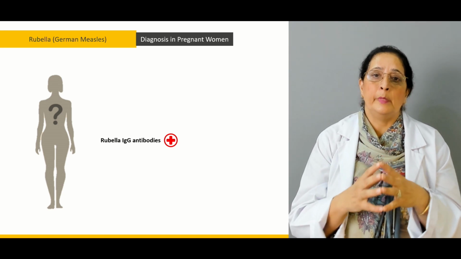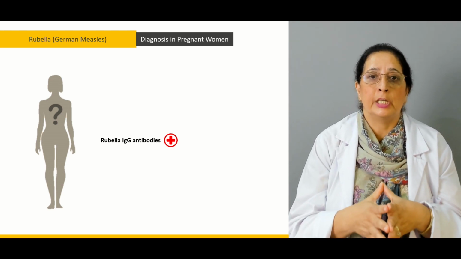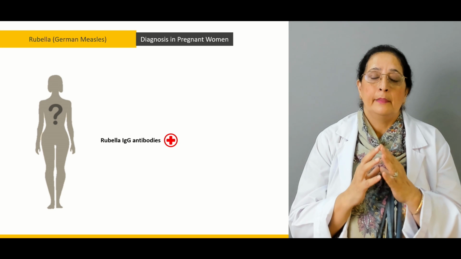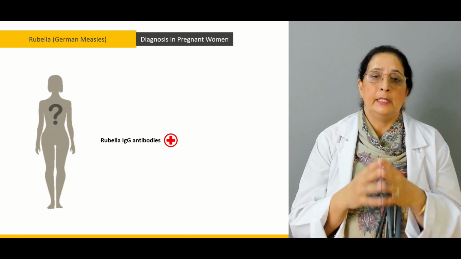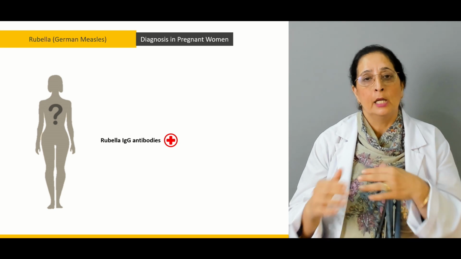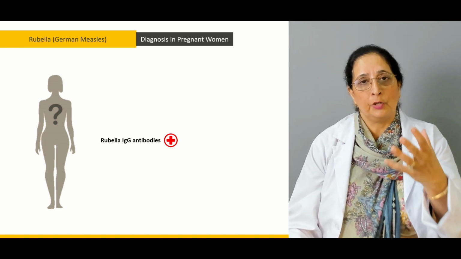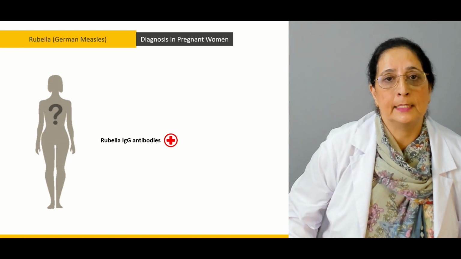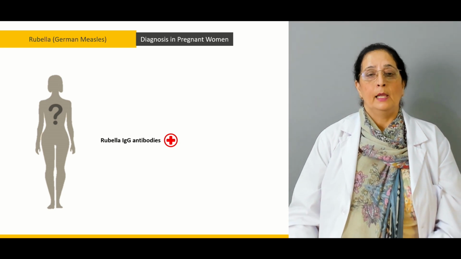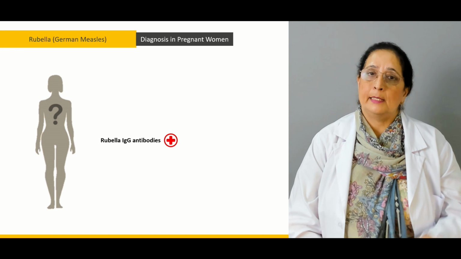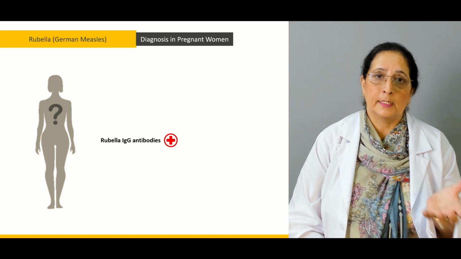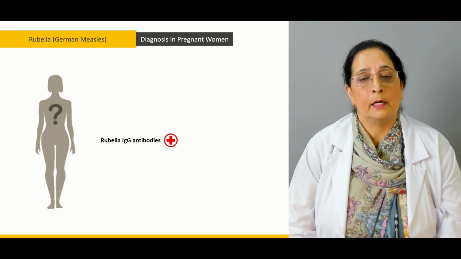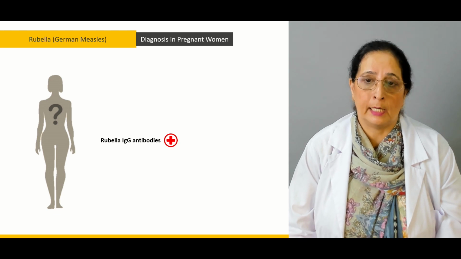And we know there are so many complications associated with congenital rubella syndrome. So diagnosis is very important; it needs to be diagnosed early, and managed and treated early. We should try to avoid that serious outcome of pregnancy associated with congenital rubella, which affects the eyes, heart, nervous system, and bones. Pretty much all the organs of newborn babies are affected by congenital rubella syndrome.